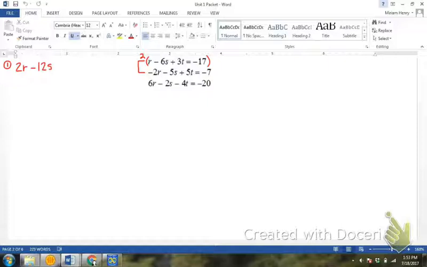And then we have 2 times 3t, so that's plus 6t equals negative 34. Did we change the bottom row at all? No. So let's go ahead and just write that underneath.